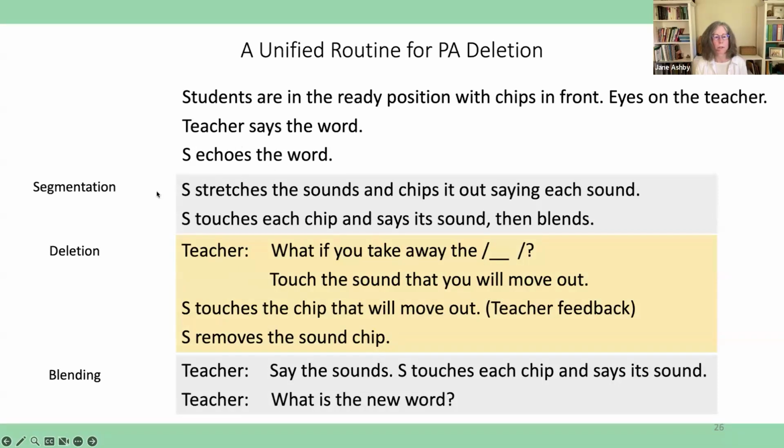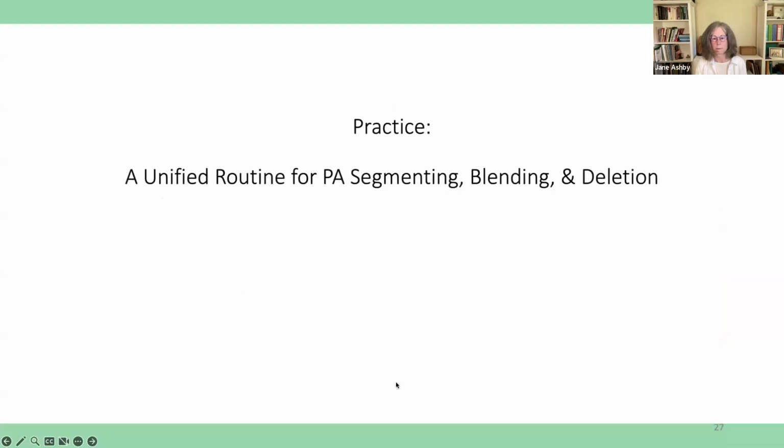And then you go to the deletion part of the routine, and then you end with the blending. All right, so we are going to be practicing again. So if you can pull those chips back out. And then we will walk through this blending, segmenting, and deleting routine.